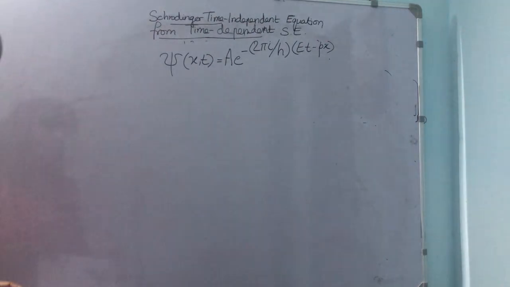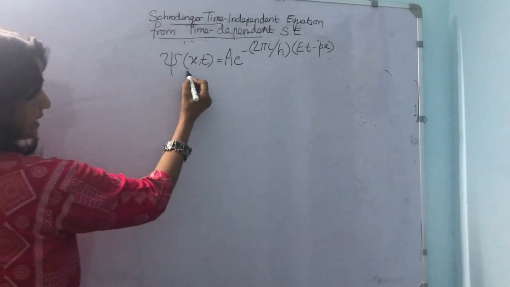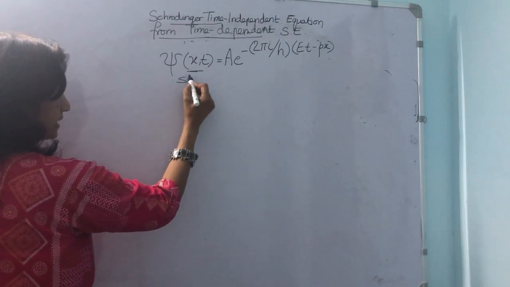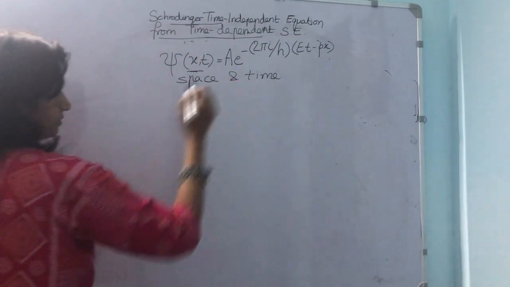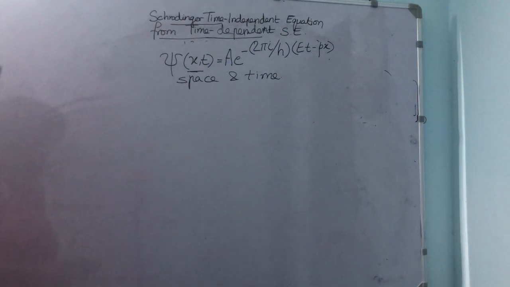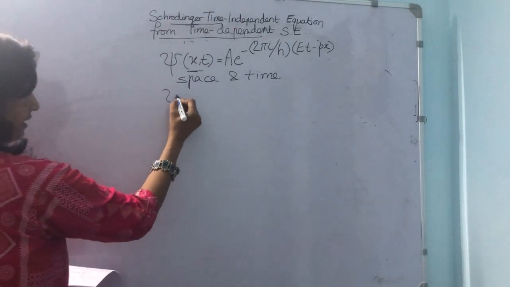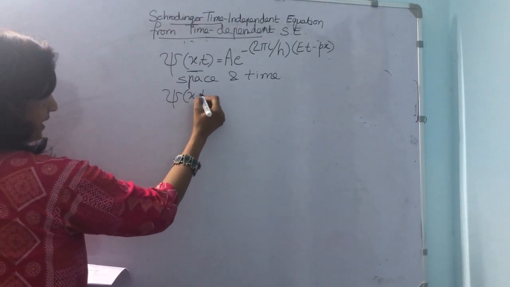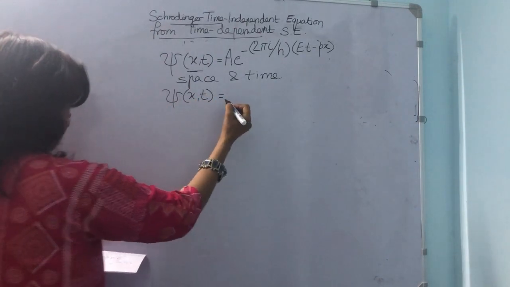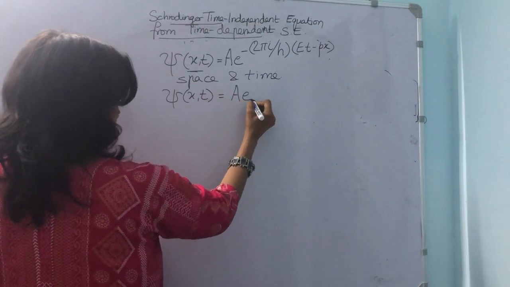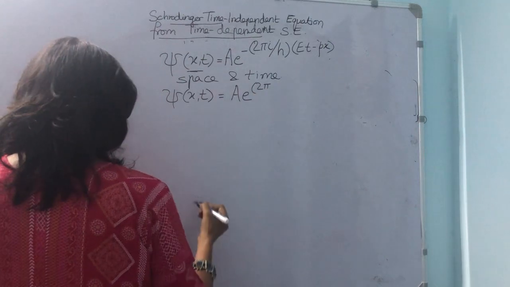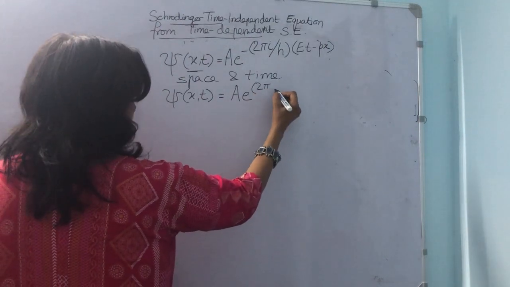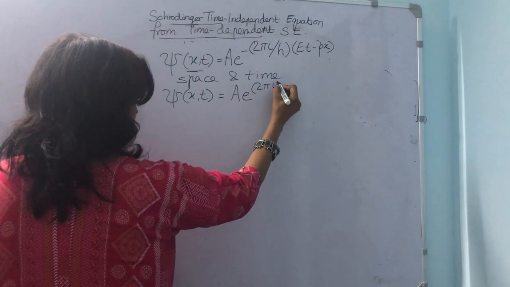Now this wave function we will separate into space and time respectively. Very easy. Phi(x,t) is equal to, we will first take out the space coordinates: A e^(2πi px/h) into e^(−2πi Et/h).